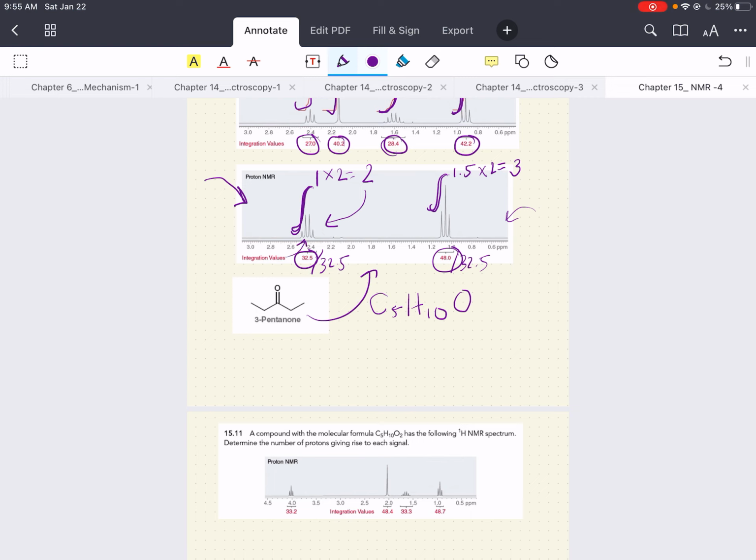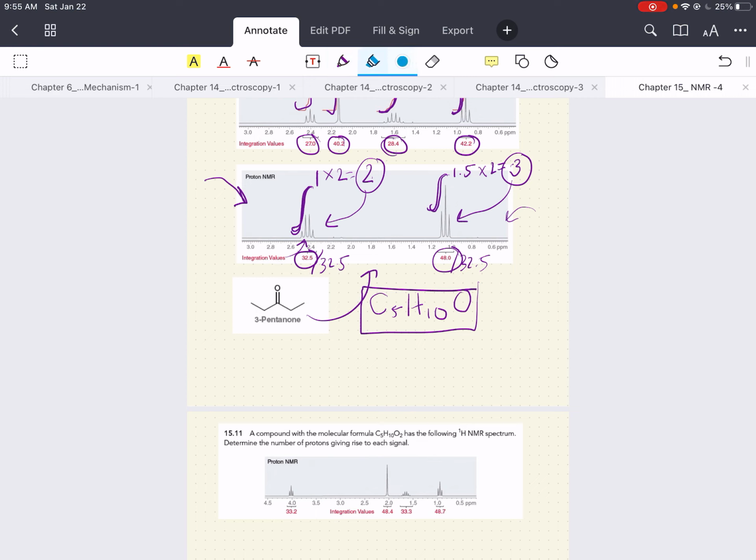We see it as one unique signal. And the integration is telling us actually 2 hydrogens are going to give off that unique signal. And this integration tells us that for this signal, 3 hydrogens are going to give off that signal. But we know our molecular formula for this NMR spectra is C5H10O. But 2 and 3, that's only 5 hydrogens that are accounted for.